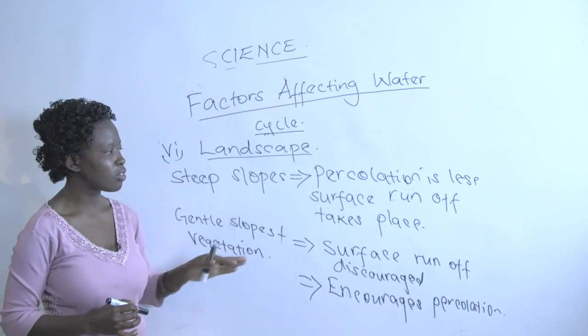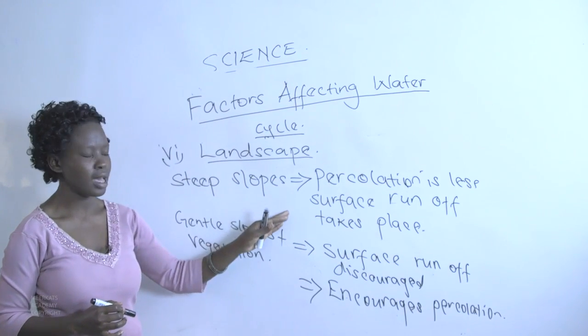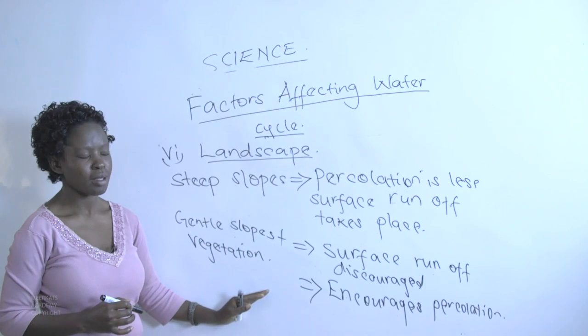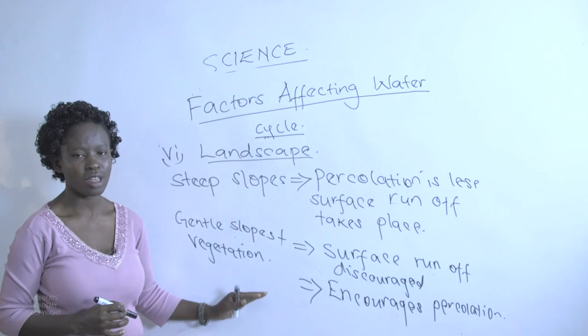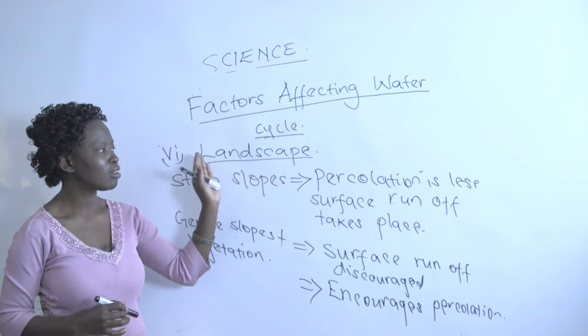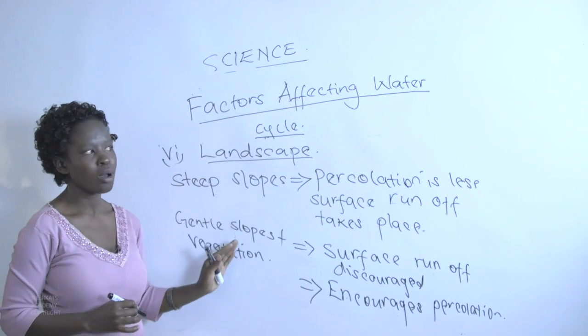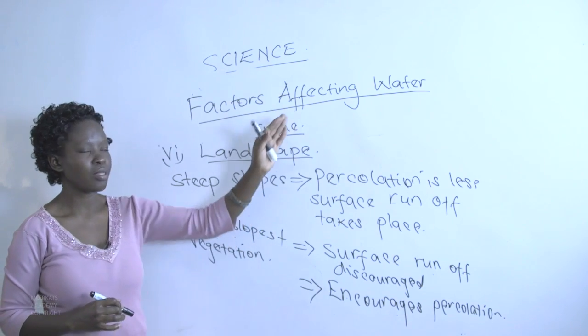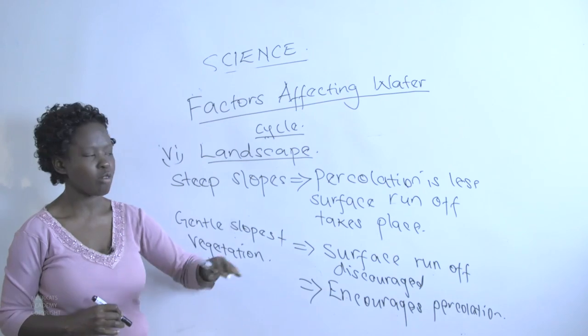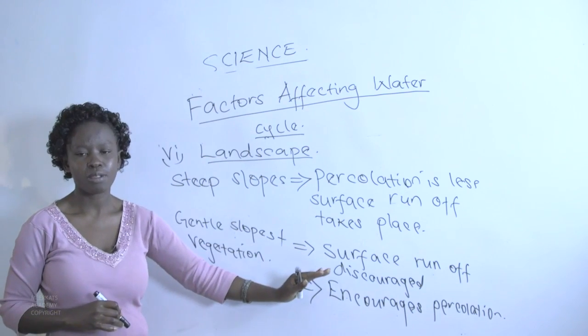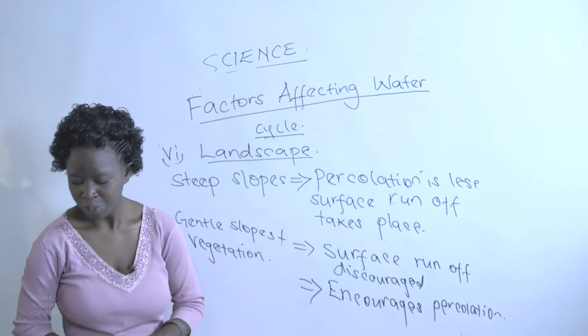But if the soils available in that area are closely packed, then they will allow surface runoff to take place. So we find that the nature of the landscape will definitely affect the whole process of the water cycle through the processes of percolation and surface runoff.